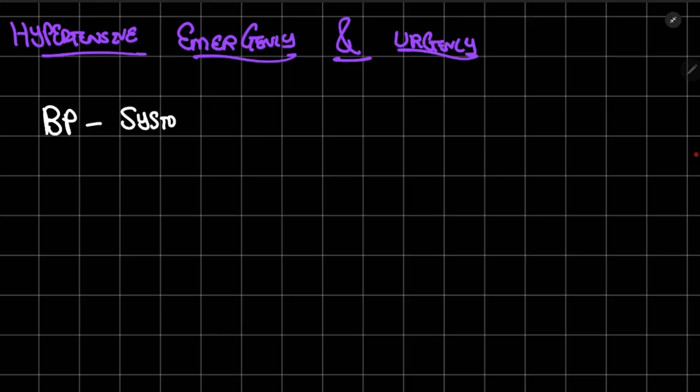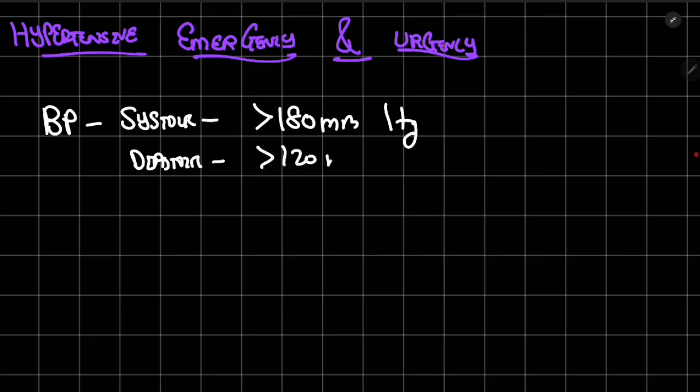BP systolic more than 180 millimeters of mercury and diastolic more than 120 millimeters of mercury is hypertensive urgency.